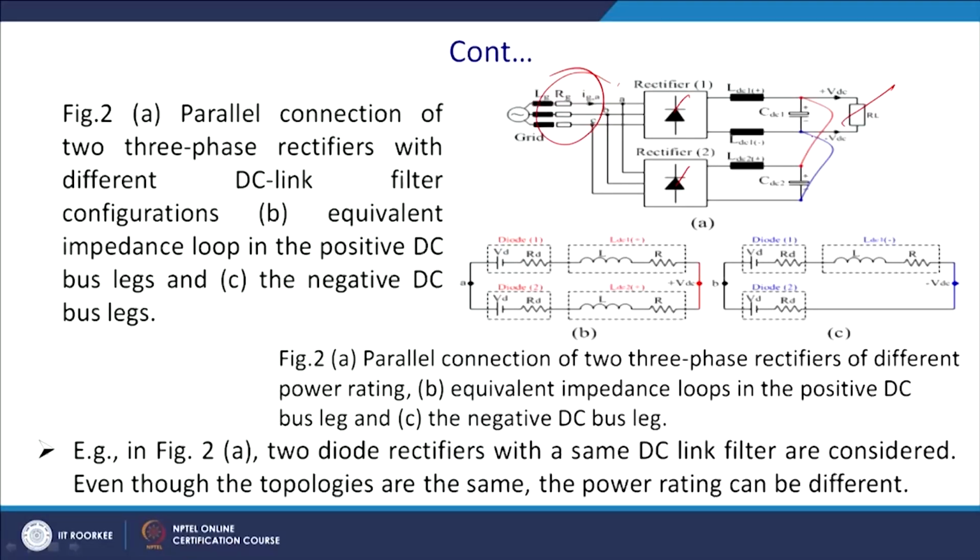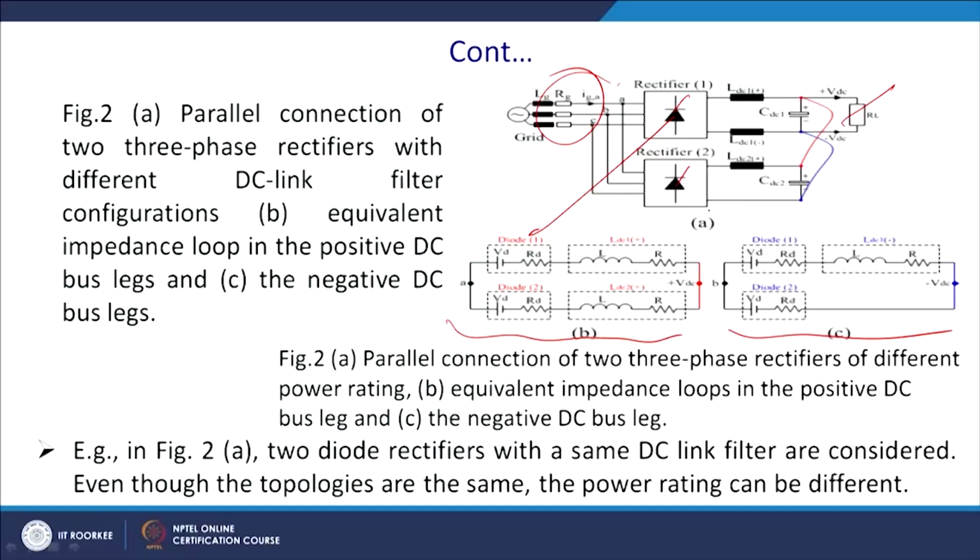So, that is what we say: the parallel connection of two 3-phase rectifiers with different DC link filter configurations has been shown. The equivalent impedance loop in the positive DC bus legs and the negative DC bus legs can be referred to here. This red portion is the positive DC bus, and you can model it here, that is your diode plus RD, then you have L and R, and thus you reach this point here.